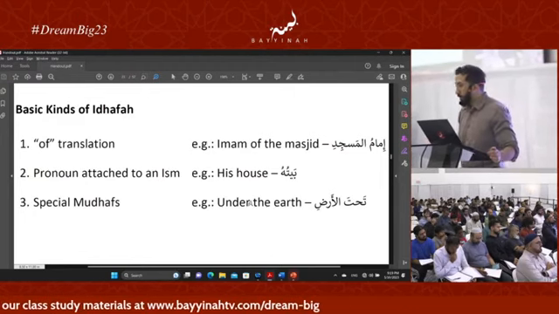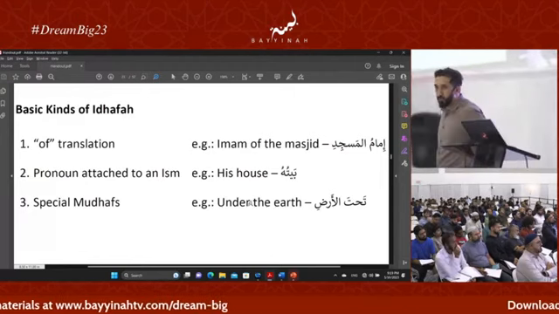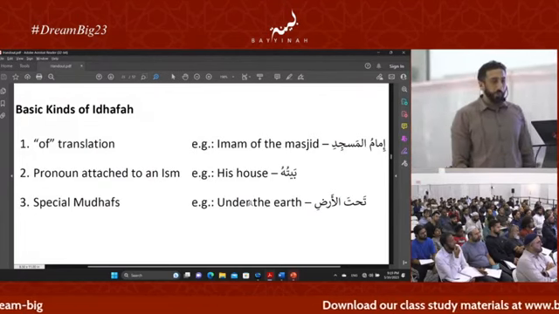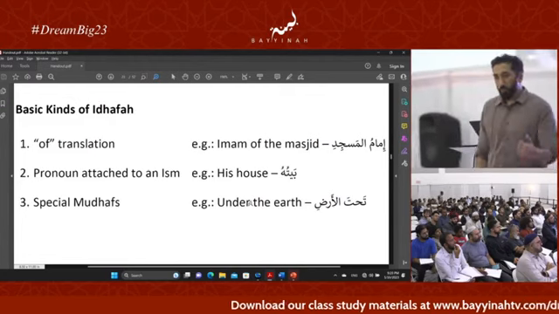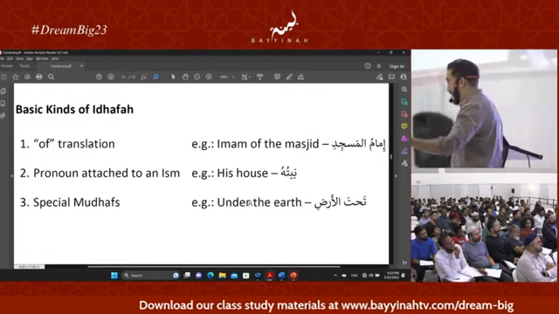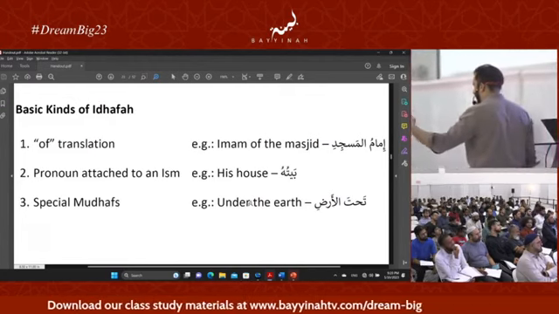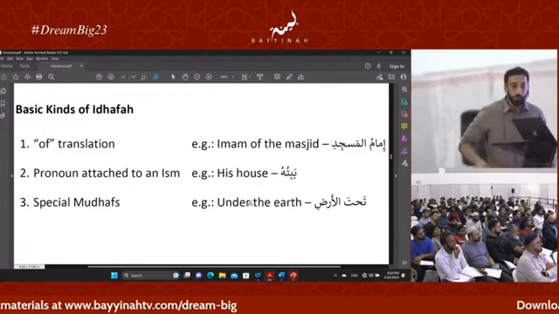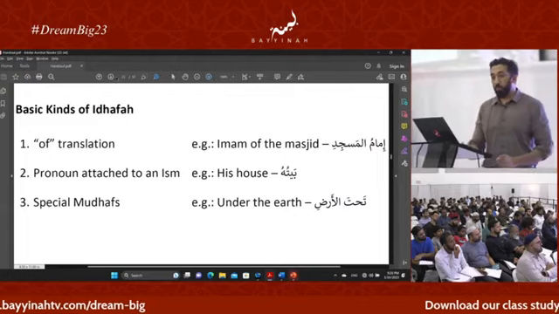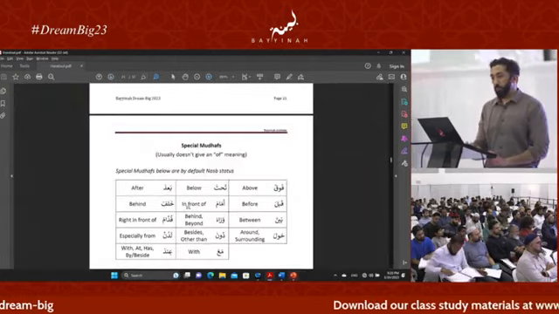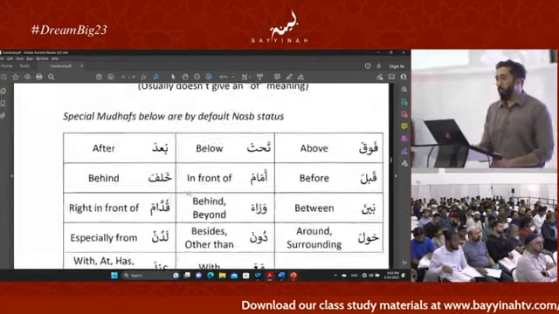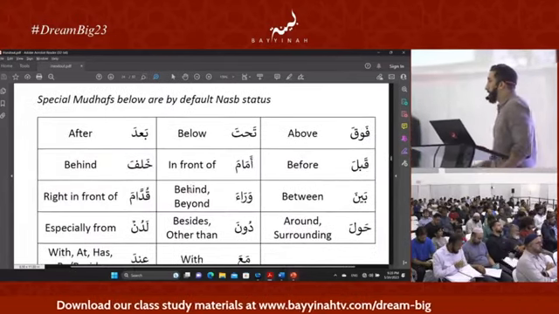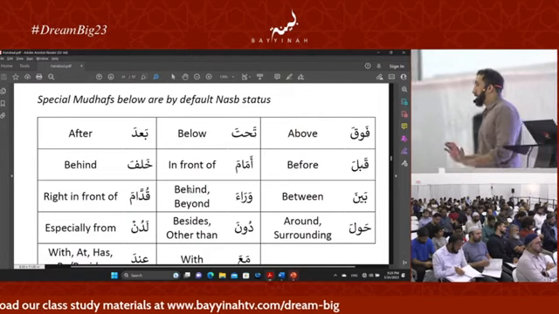Now, do you remember the definition of an ism that we did many moons ago? What did I tell you about an ism? Ism is a person, place, thing, idea, adjective, adverb, and the next page is what I mean by more. These words are, you can almost say, considered ism because the Arabs said so.